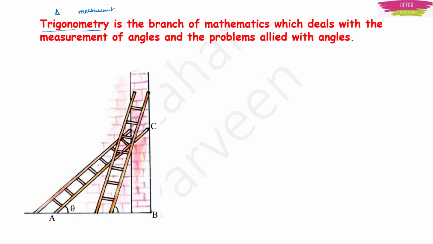The proper triangle which is related to trigonometry is a right angled triangle. So this type of a triangle deals with trigonometry.